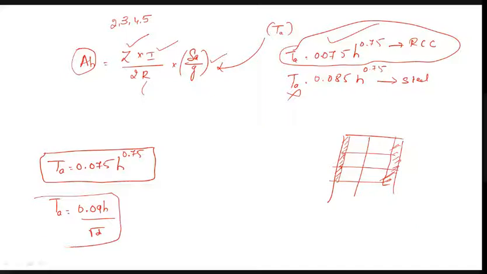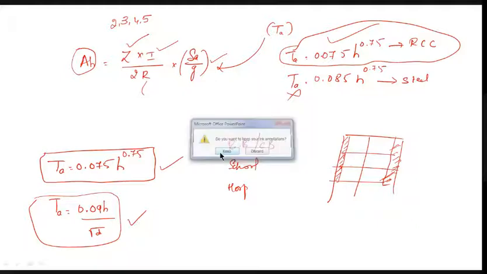Then you should take this formula, where h is the height of the building and d is the base dimension. Just remember that you should read the question very carefully: which type of frame structure is given, in which zone it is falling, and which type of building, whether it is a school building, a hospital, a residential building or a commercial building. So you should take care of these things.